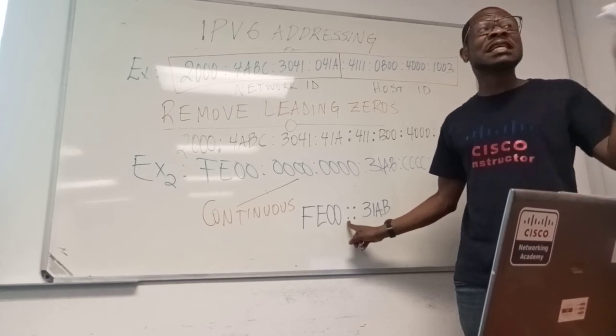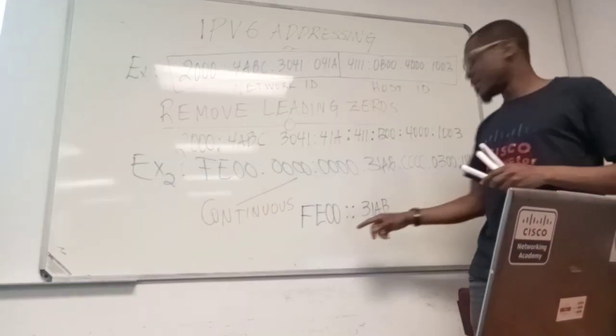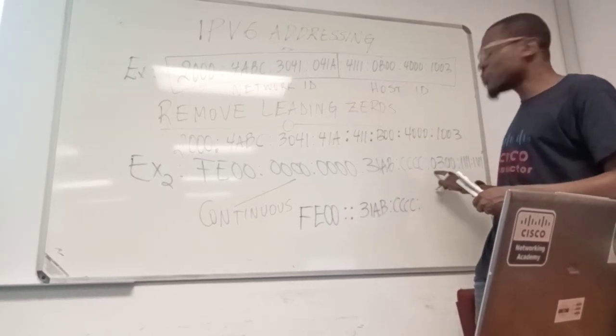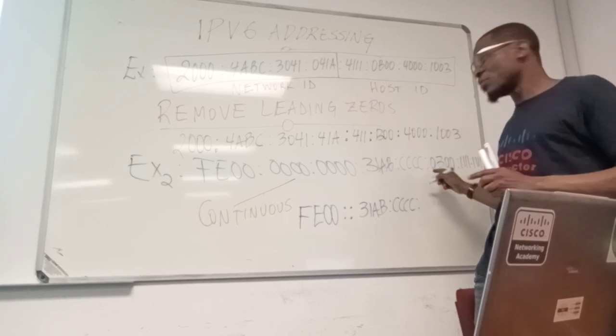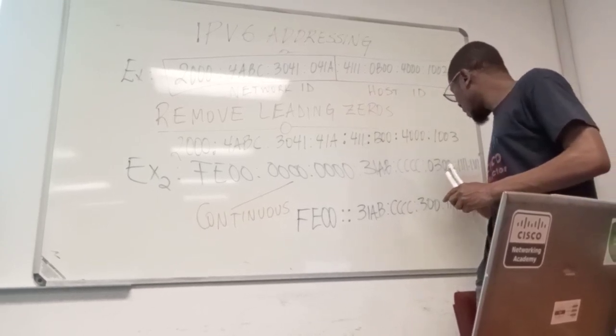When you have continuous zeros, you replace them with a double colon. This one stays the same, C. This one you remove the leading zero, so 0300 becomes 300.